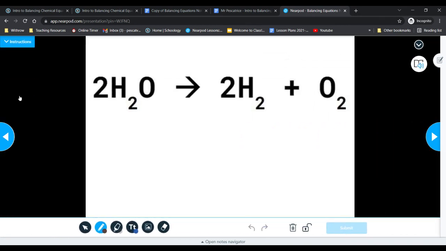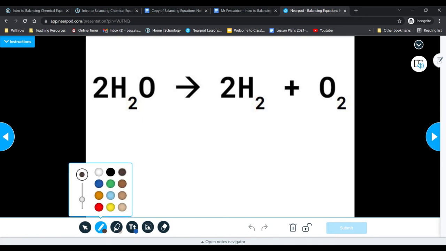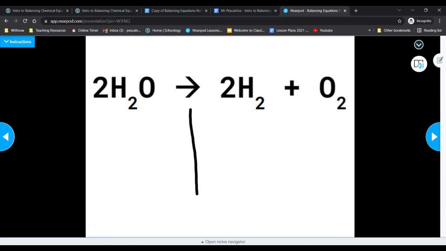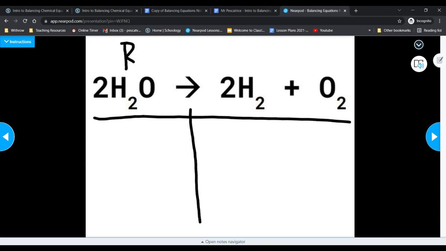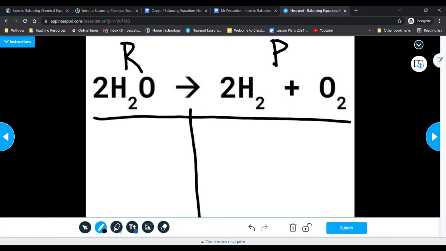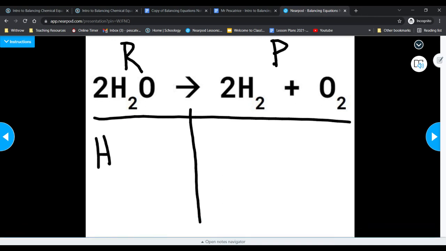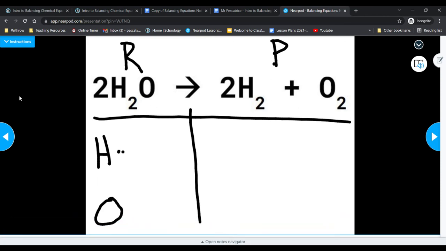So same deal. I'm going to make a T-chart, and we're just going to count here. So on this one, notice how the arrow is pointing to the right. That makes this my reactants and this my products. So I still have hydrogen and oxygen.